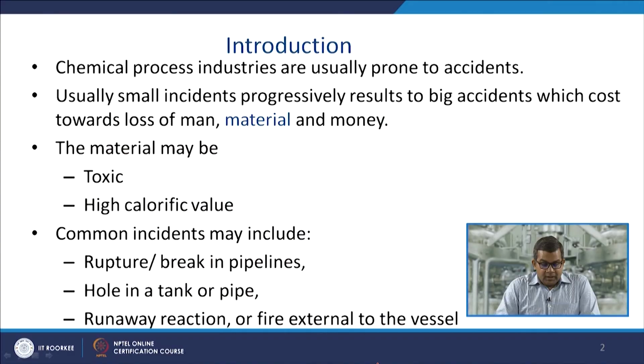Now, especially when we are considering the material, because all these source models are attributed to the material and the process, the materials which may be released or which may cause a severe problem may be highly toxic, or they may have a high calorific value. These two possibilities are there.